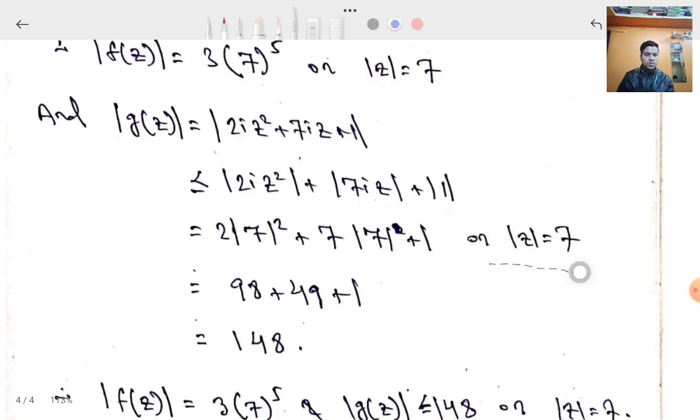On |z| = 7, we can put |z| = 7, then it is 2(7^2) + 7(7) + 1. After simplification, we get 148, and 148 is less than 3 into 7^5.